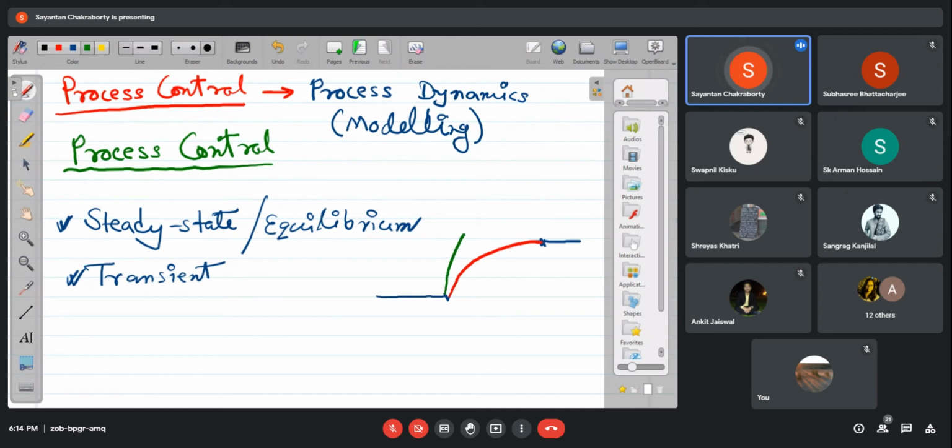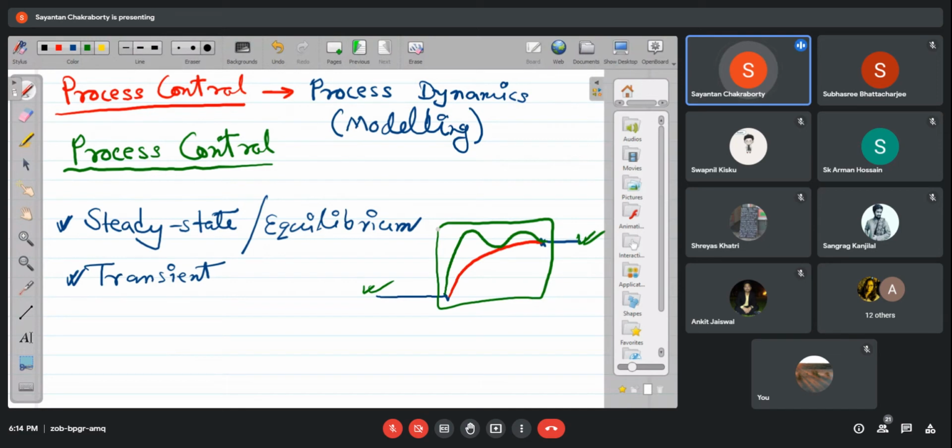It can follow a path like this. Right? So there are different paths of achieving the transition from this equilibrium state to this equilibrium state. And this study is obviously the transient study. So we'll consider both the modeling of the process during steady state or equilibrium state, and also the study of the process during the transient.